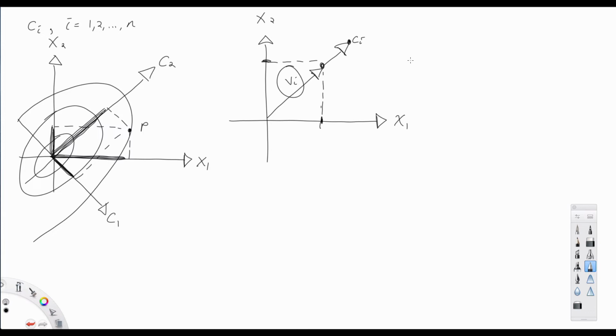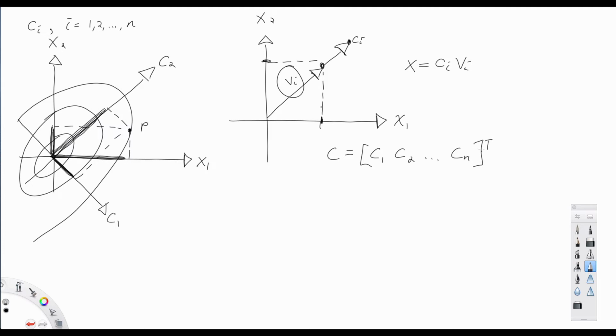We can then define the vector x as being equal to ci times vi, where vi has two components. Or more generally, we can define an arbitrary point defined in the new c-coordinate system using a value for each of the c coordinates.